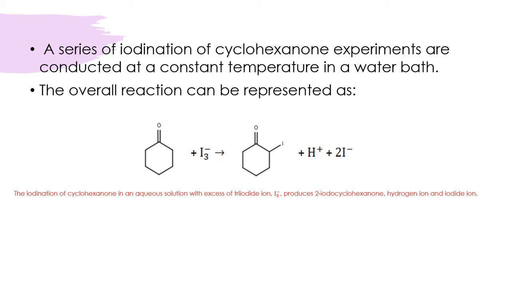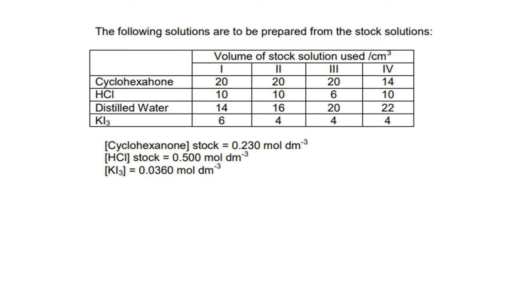As the concentration decreases, the amount of light absorbed will also decrease. You can then use this relationship between absorbance and time to find the rate constant and also the order of reaction.